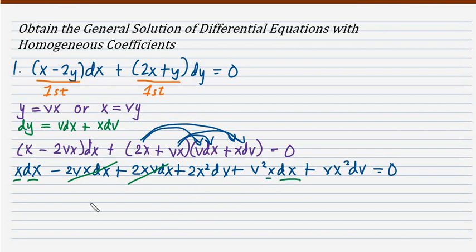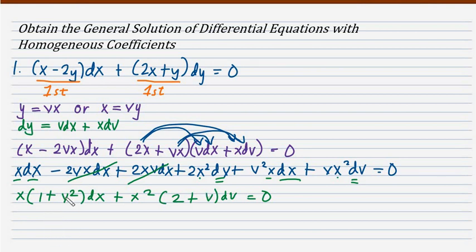If we factor that out, we have x times the quantity 1 plus v squared, dx. And for our terms with dv, the common term is x squared, and of course dv. So factor out x squared, so 2 would remain here, plus v, dv is equal to 0.